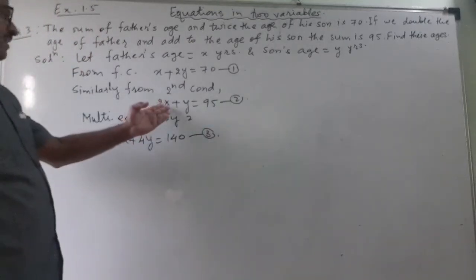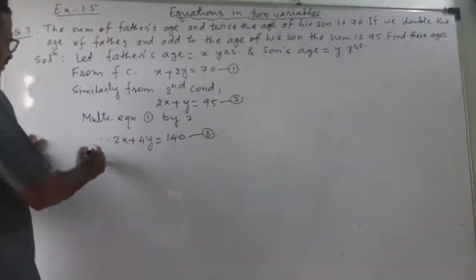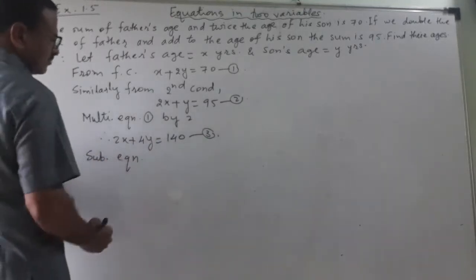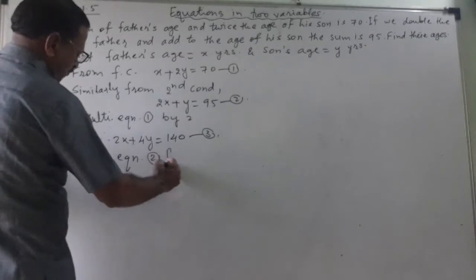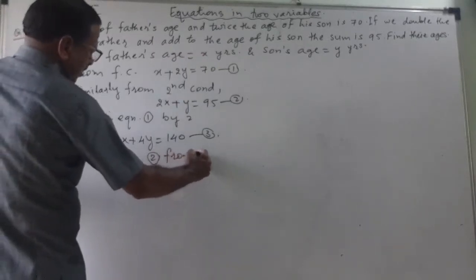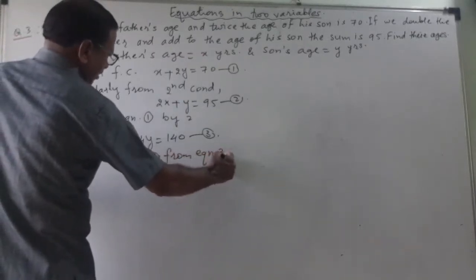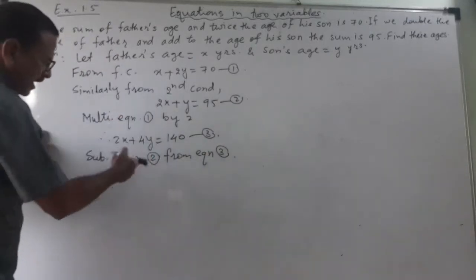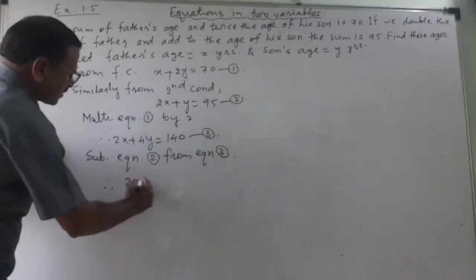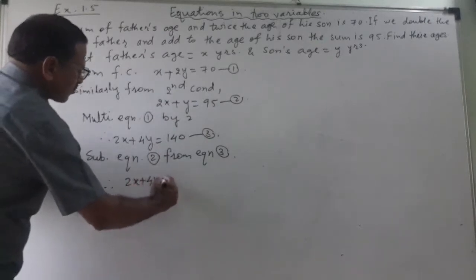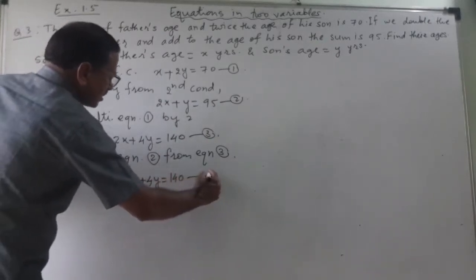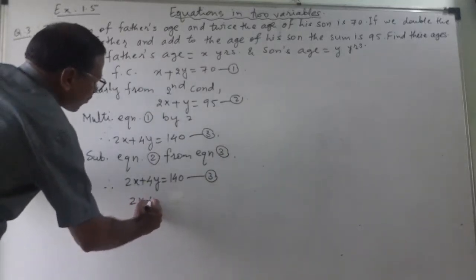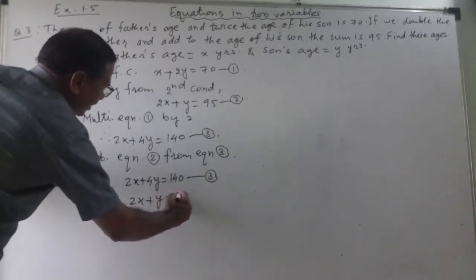Now subtract equation 2 from equation 3. So I will write 2x plus 4y is equal to 140. This is number 3. And 2x plus y is equal to 95.